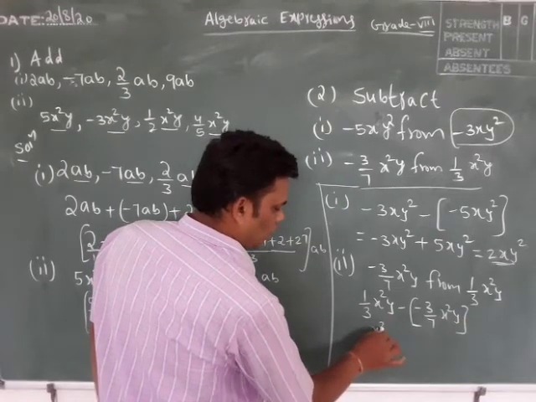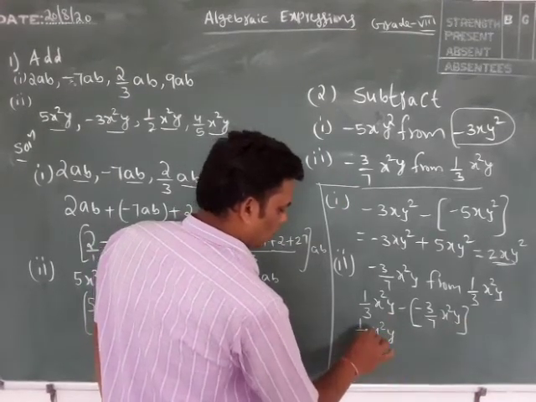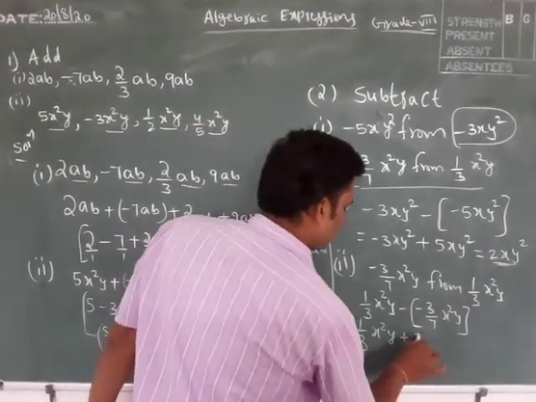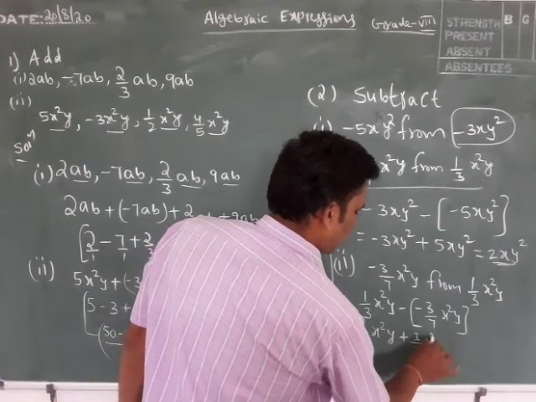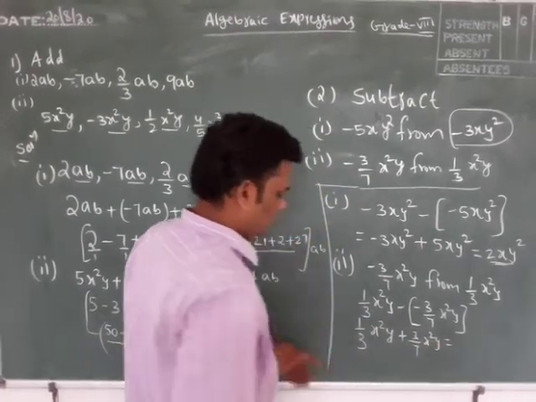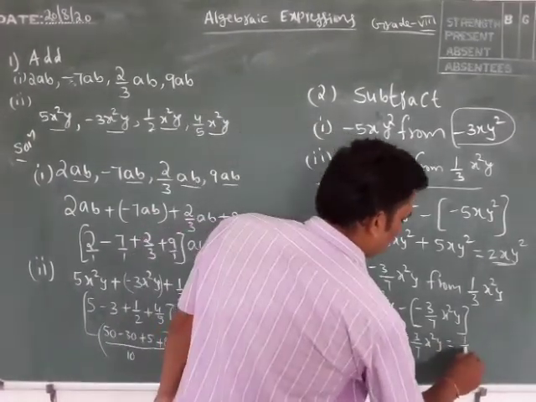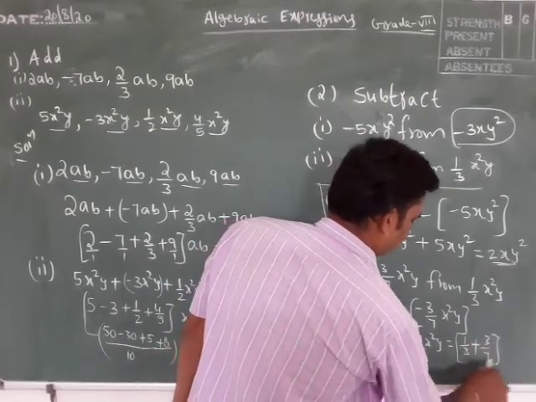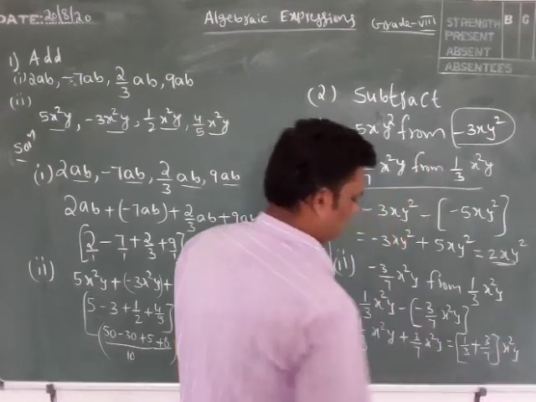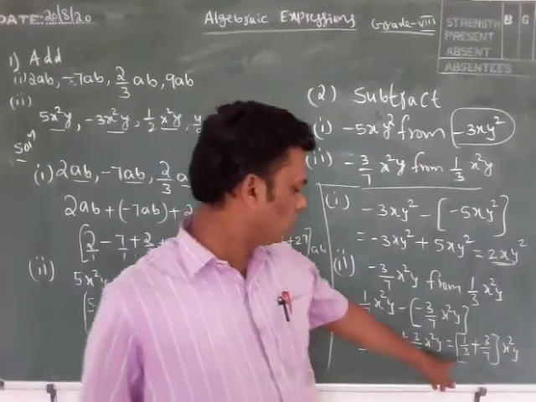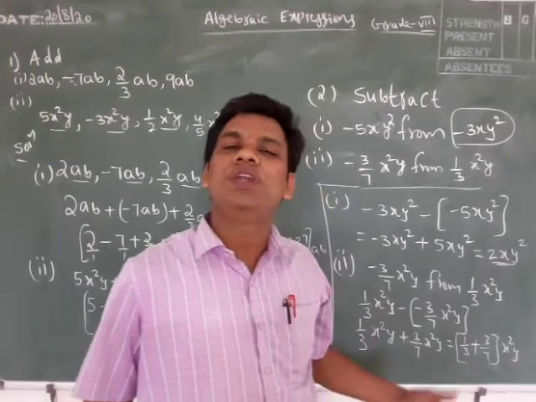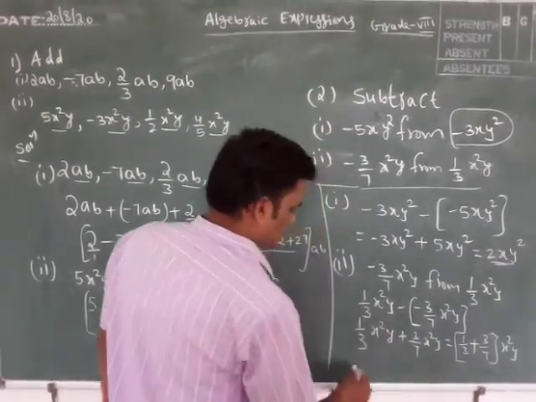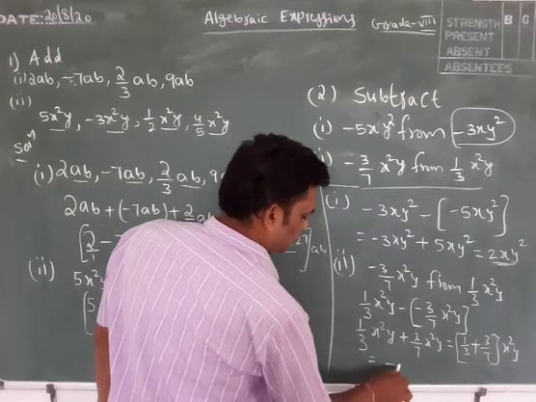See x square y: 1 upon 3 minus times minus, plus 3 upon 7 x square y. So see, 1 upon 3 plus 3 upon 7 x square y. Now we come here, 3 7s are 21. So at last, 21.